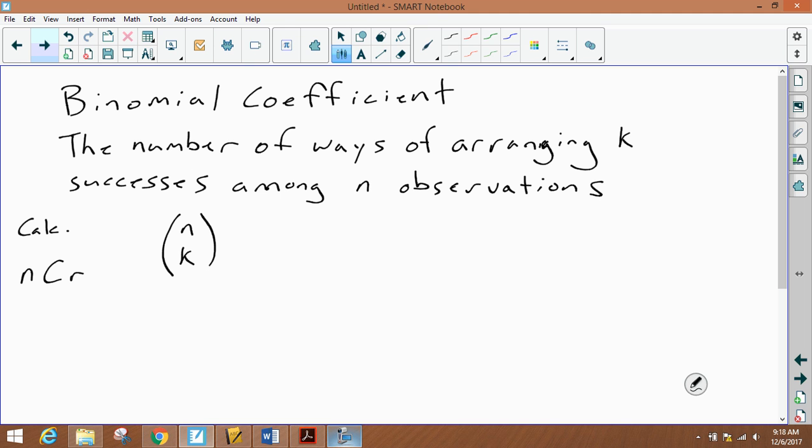So anyhow, the formula for that is N factorial over K factorial times N minus K factorial. Cool thing is you can just put this in your calculator and it'll spit out an answer. But I will do one calculation longhand so that we can see exactly what it is.